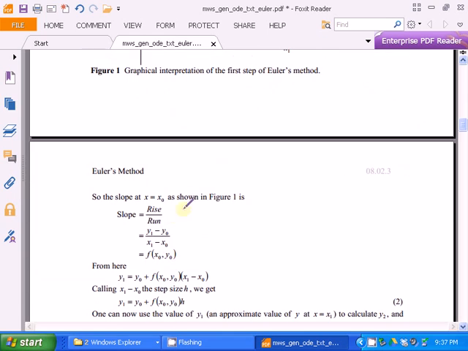This is equal to the slope of the secant line. All right, if we have the two points x0, y0, and x1, y1, this is the slope of the line that joins those two. Now, what are we going to compare this to? Well, we're going to compare it to the slope of the tangent line, which is actually equal to f of x0, y0.